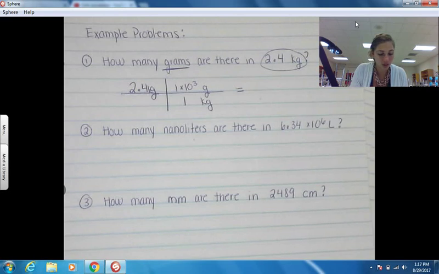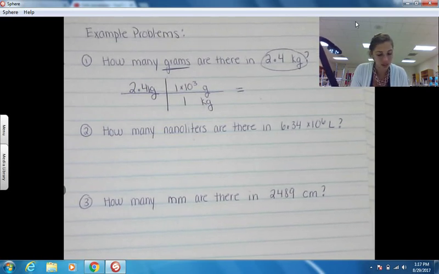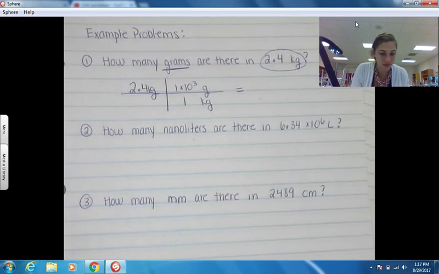So in your calculator, what you want to do is 2.4 times 1 times 10 to the third, or times 1,000.